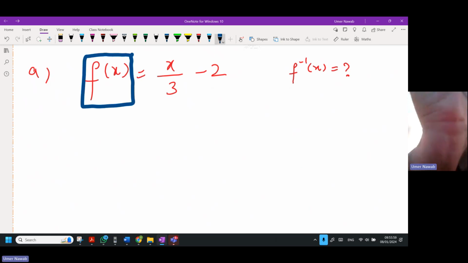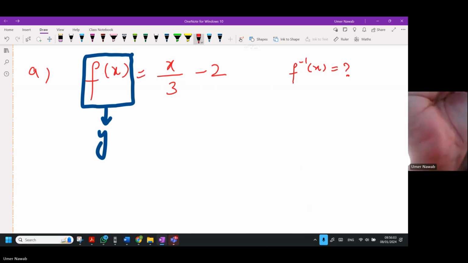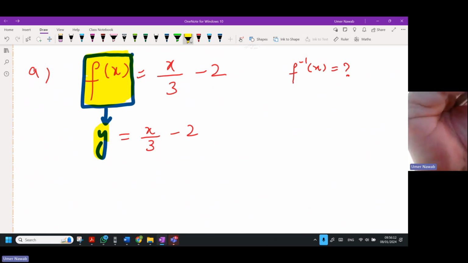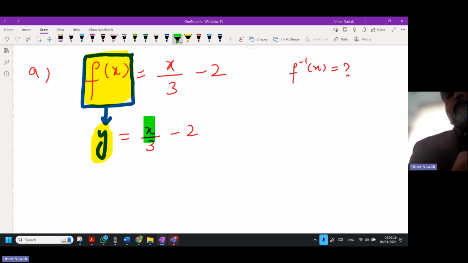Replace f of x by y, and y equals x over 3 minus 2. This f of x should be replaced by y because my target is to make the x alone.